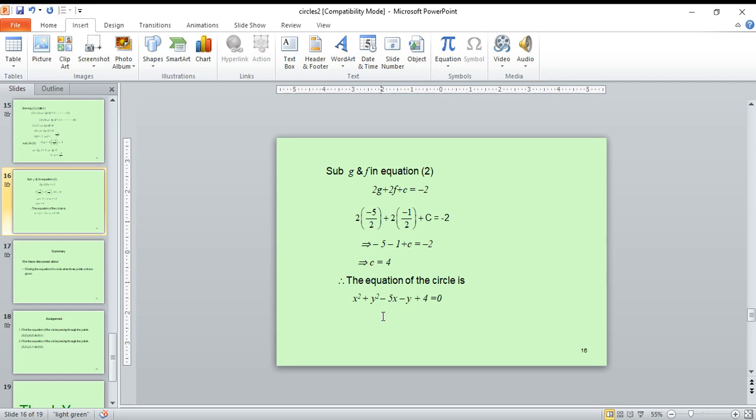That is 5 minus 1 plus c equal to minus 2, so c equal to minus 6. The equation of the circle is, applying the f, g, c values, x square plus y square plus 5x minus y minus 6 equal to 0.